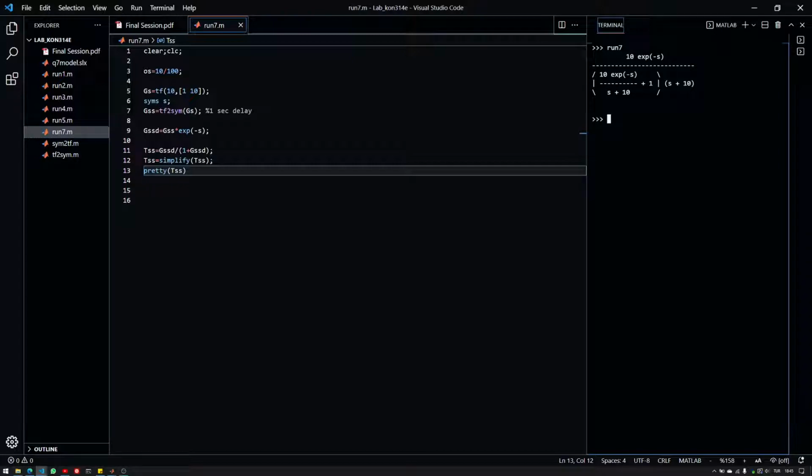Yes, you can see this is s plus 10, you can multiply it with s plus 10. Basically, we have 10 times e to the power of minus s times s plus 10, divided by 10 times e to the power of minus s plus other terms.